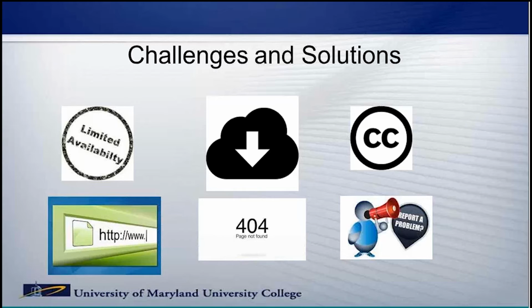Problem reporting is also something that should definitely be taken into account before adding any links to OERs in classrooms. When a student has a problem accessing a link, whether it's because the correct URL wasn't available or because an OER has disappeared from the web, there needs to be some kind of reporting mechanism in place.